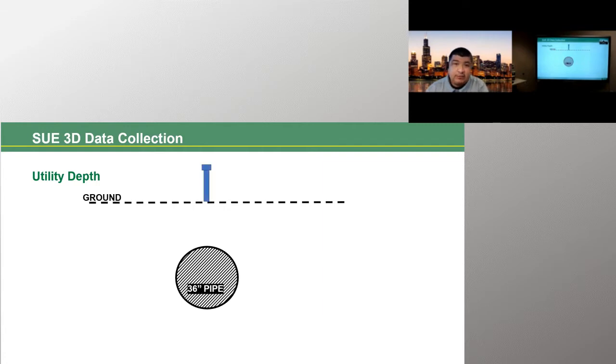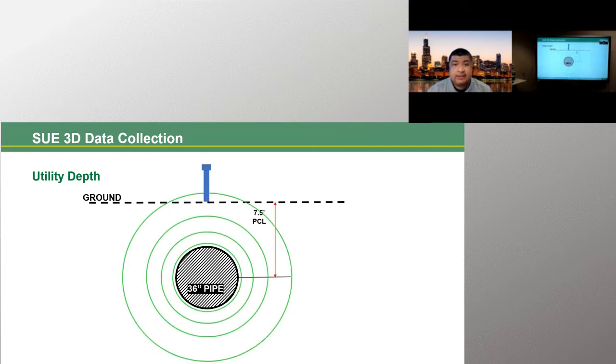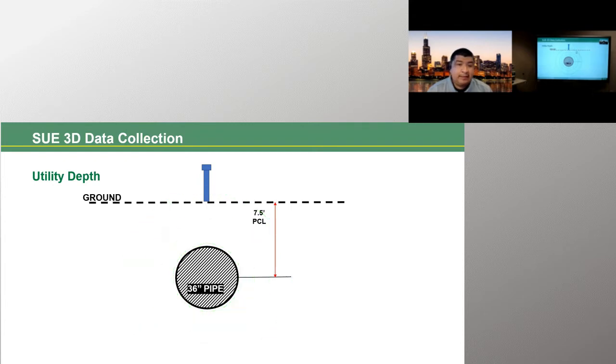For this next demonstration, I'm just going to demonstrate how the pipe and cable locators work. Utilizing the transmitter, we transmit an electromagnetic signal onto the utility. In reality, we're actually detecting that electromagnetic signal, not necessarily the pipe.